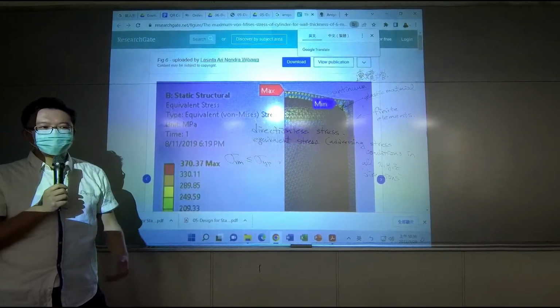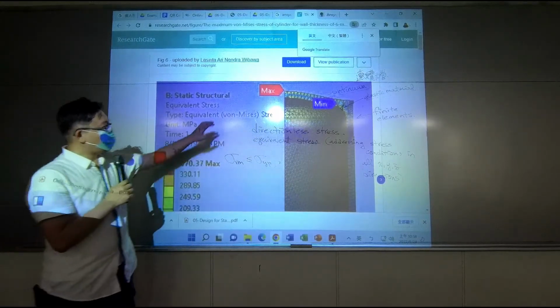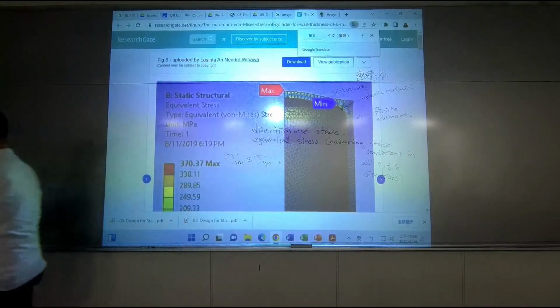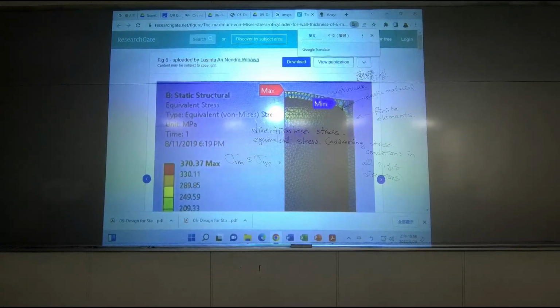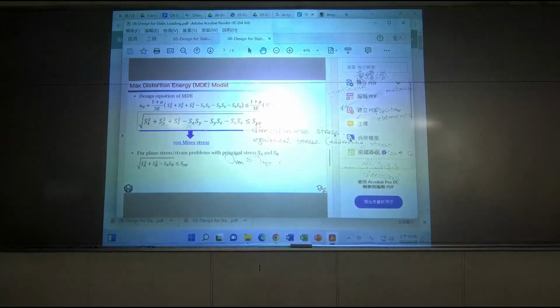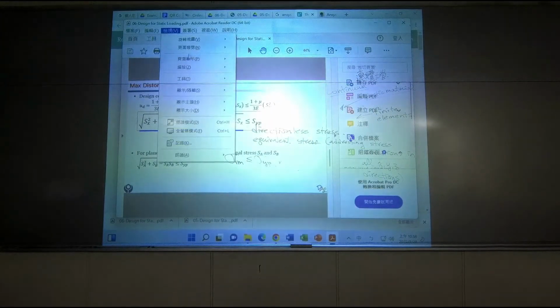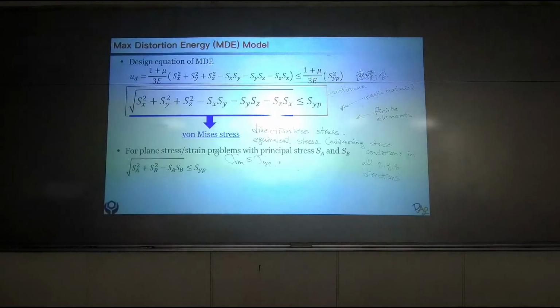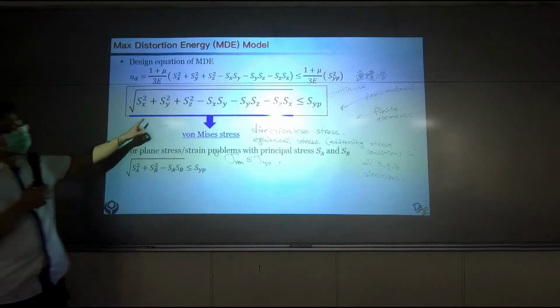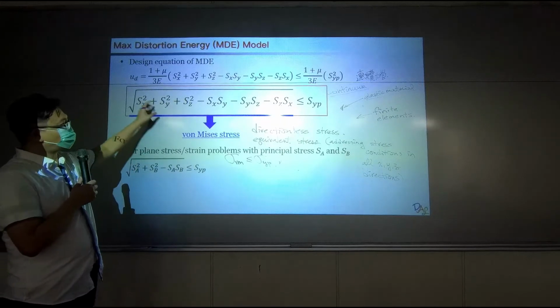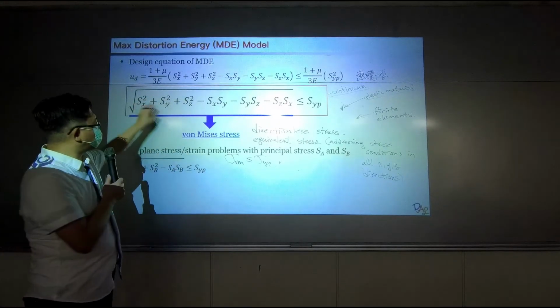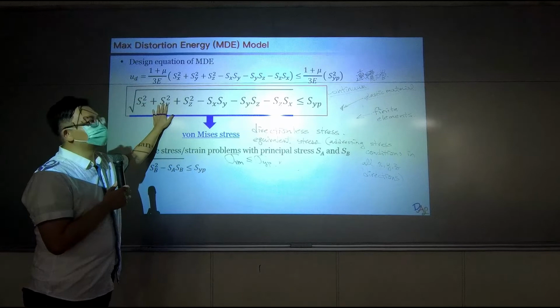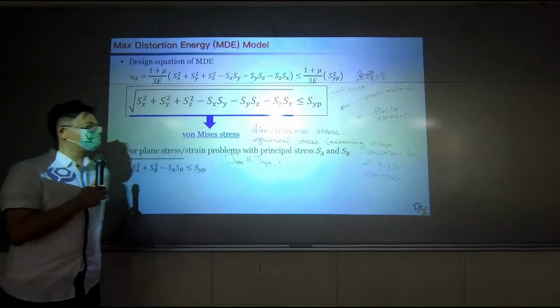In the future, when you do research or work, I wish you know what it is. And what's behind it is something like this. It's an equivalent stress that includes information of stresses along all three directions.